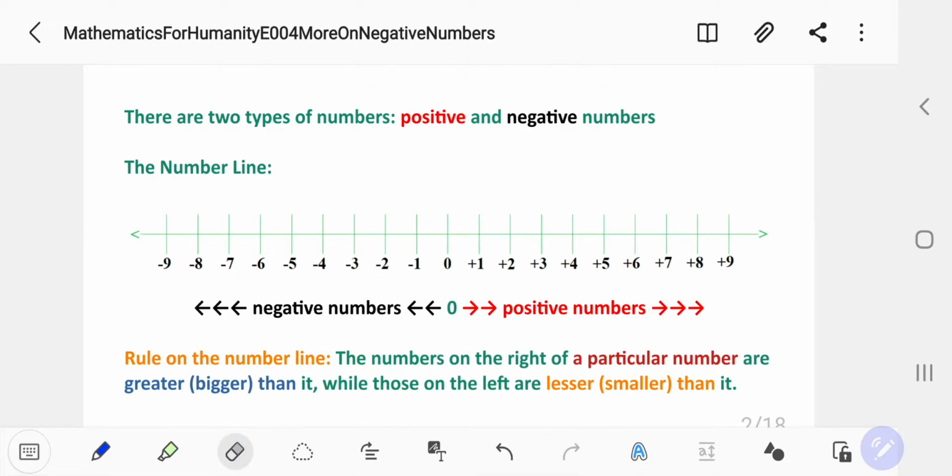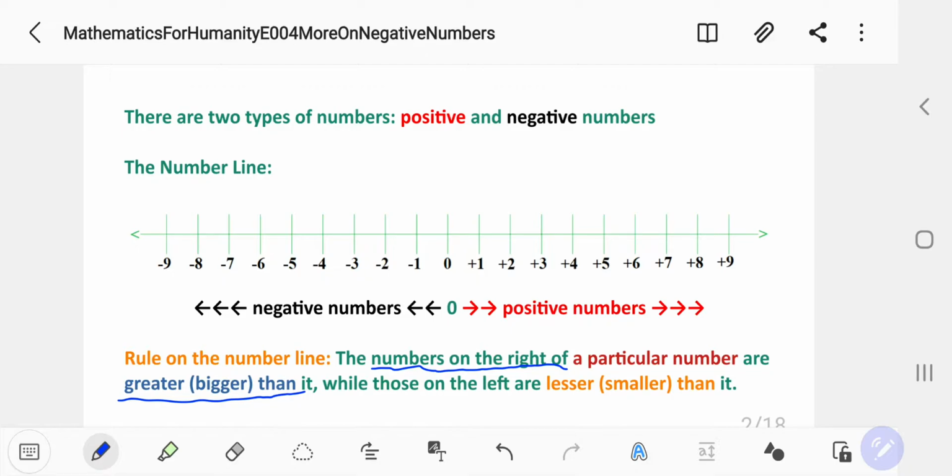So here's the rule on the number line. The numbers on the right of a particular number are greater than it, while those on the left are lesser or smaller than it.